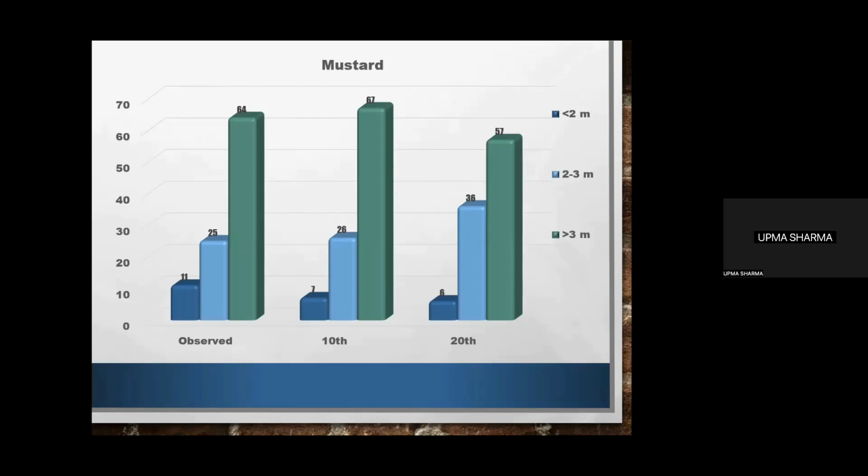Also, you can see in the 20th year, the safe area is decreasing from 67% to 57%, while potentially waterlogged area is increasing from 26 to 36%. Quite significant, it's quite important to look into this.